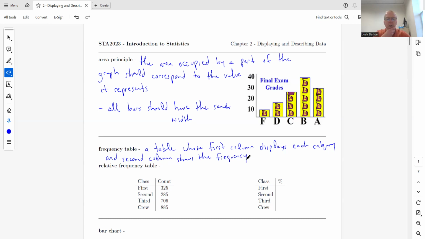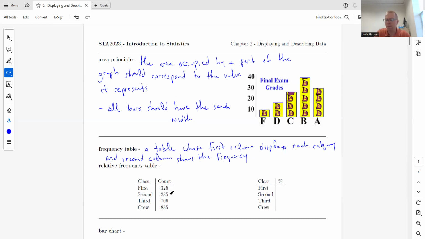So this table here is an example of a frequency table. And so this data is from the Titanic, takes all the passengers that were on the Titanic and breaks them up by ticket class. So we had 325 first class tickets to an 85 second class tickets and so on.